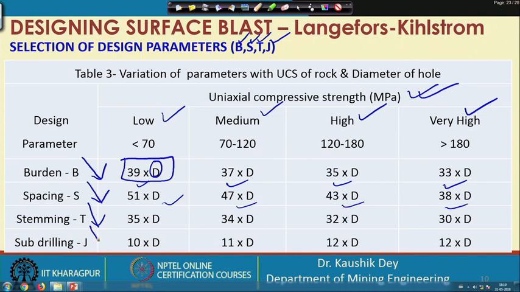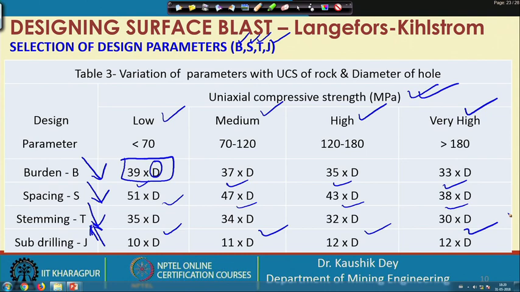Subdrilling length is basically increasing with the increase in the strength of the rock: 10, 11, 12, 12. So, we need more subdrilling if the rock strength is high. We have to design for a lesser burden, lesser spacing, lesser stemming if the rock strength is increasing.